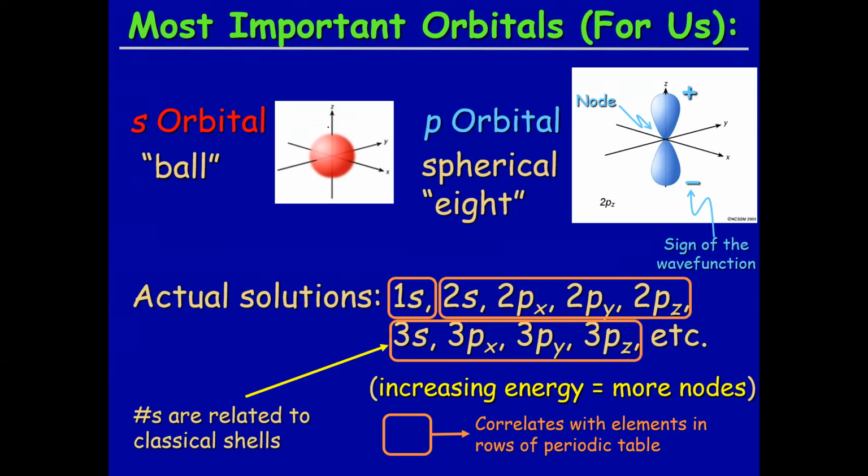The p orbital, on the other hand, is the spherical figure of 8, and we can give this a notation of plus and minus. Okay? Whereas the s orbitals normally, we do write them either as a plus or as a minus. Okay? It's one or the other. And then we tend to write these as 1s, 2s.